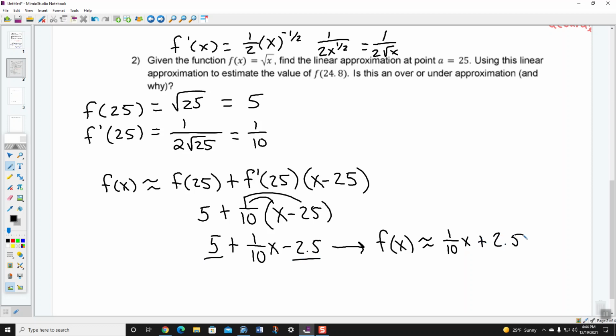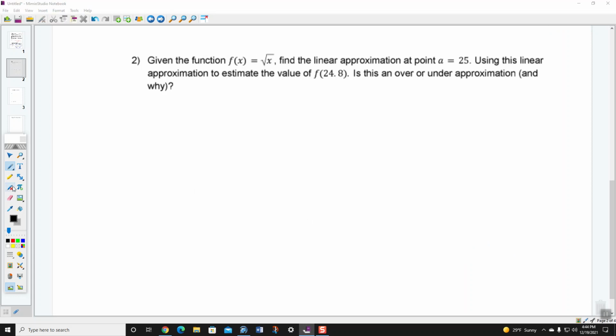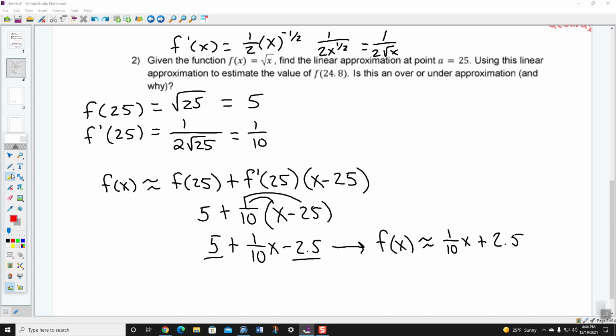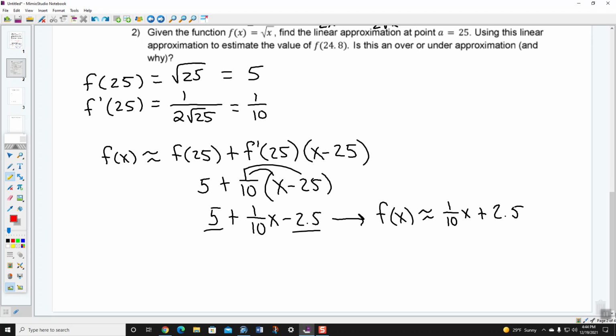Boom. Okay? Now, here's the deal. I could go into my calculator and ask, what is the square root of 24.8? So let's just check it out. Again, 24.8 is only 2/10 away from 25.